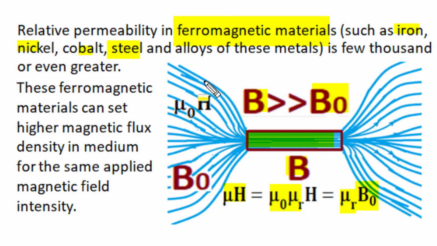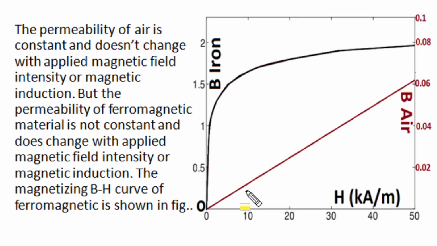So for the same amount of applied magnetic field intensity, the straight linear magnetizing BH relationship of air passing through origin indicates that permeability of air is constant and it will not change with change in applied magnetic field intensity or working magnetic induction value. And the smaller value of magnetic induction in air compared to magnetic induction in iron for the same amount of applied magnetic field intensity indicates smaller value of permeability of air as compared to permeability of iron.